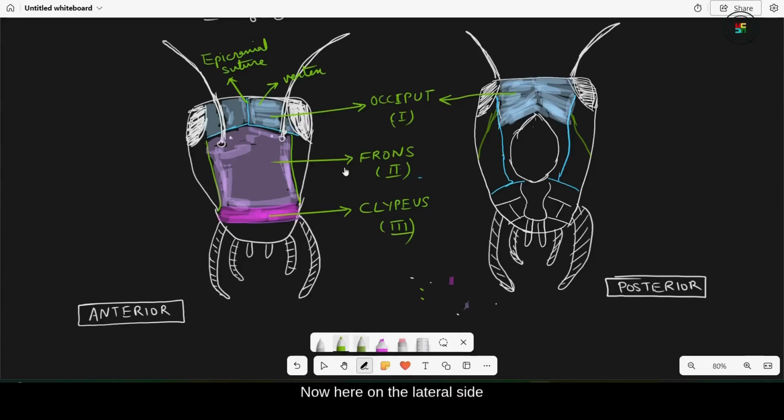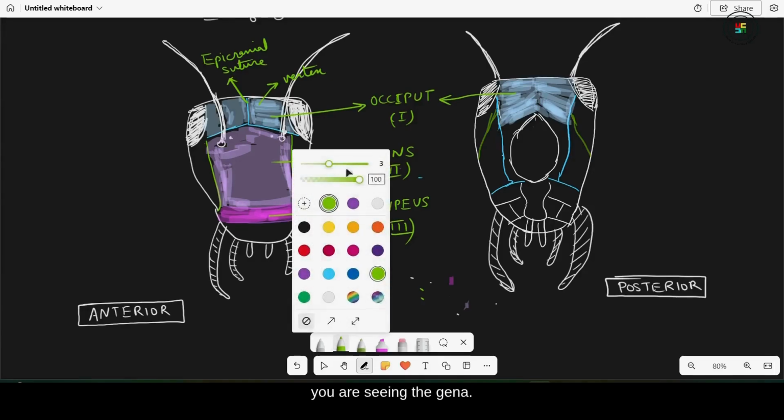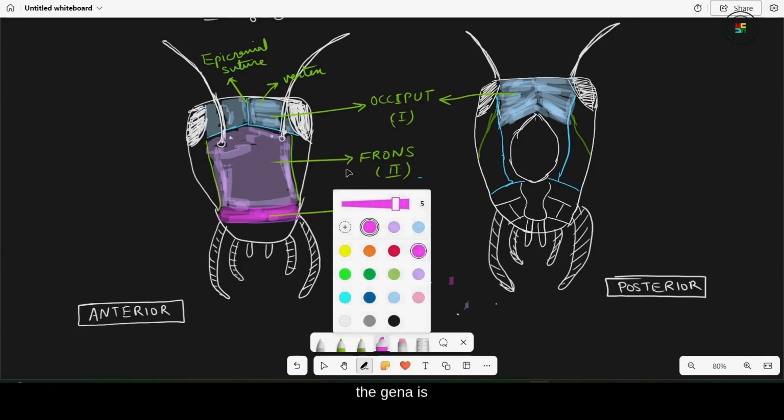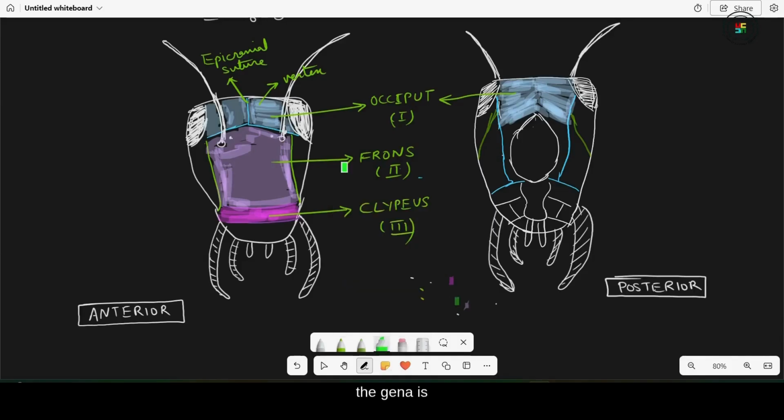Now here on the lateral side you are seeing the gena. So the gena is on the lateral side, and also on the posterior side.